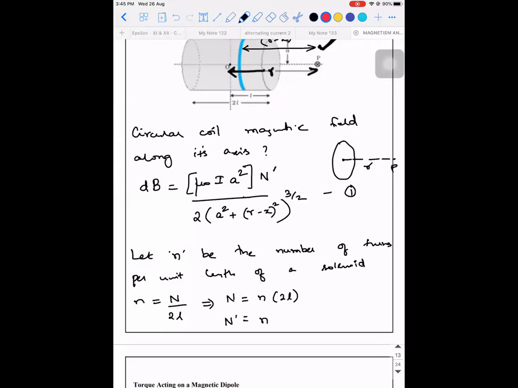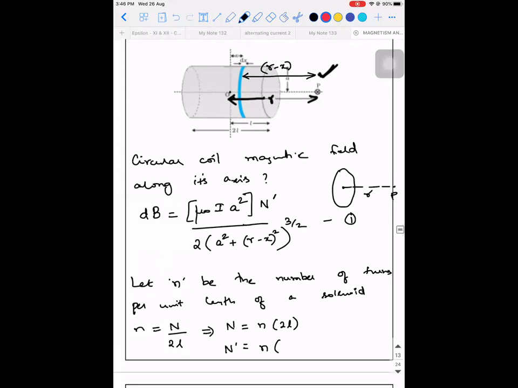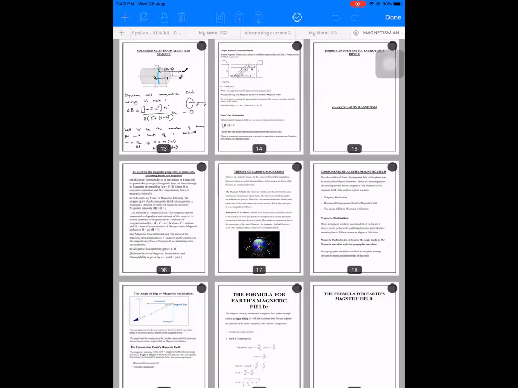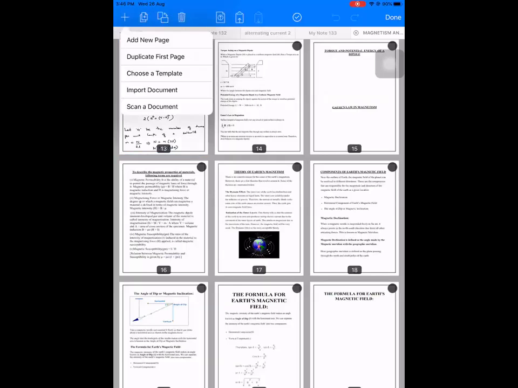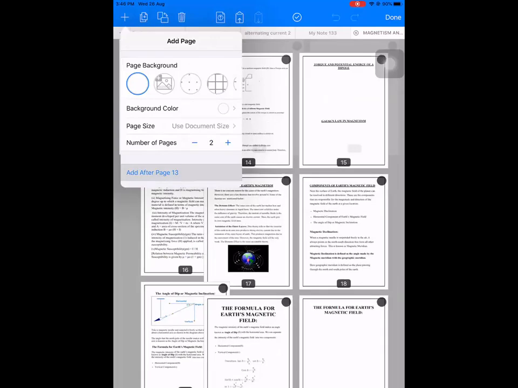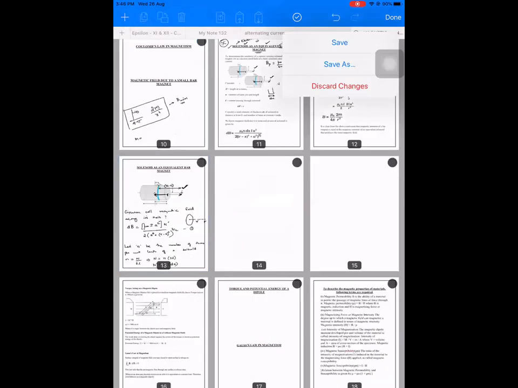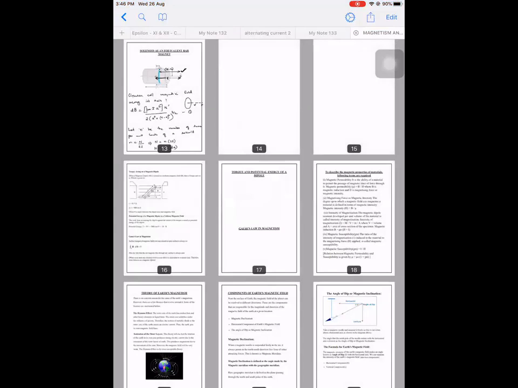N dash will be equal to the number of turns per unit length multiplied by the thickness of this portion, that is going to be n into dx. Is it clear till this step?